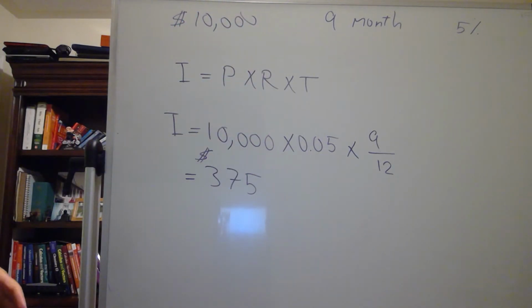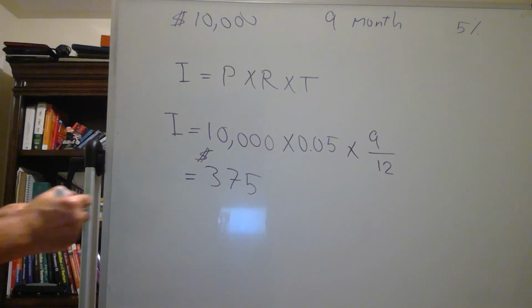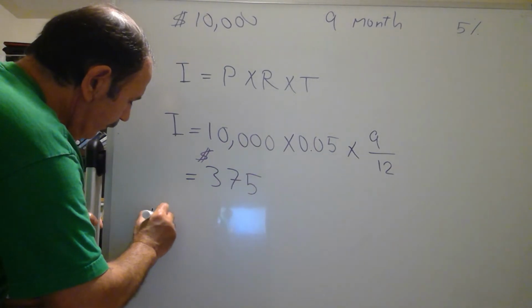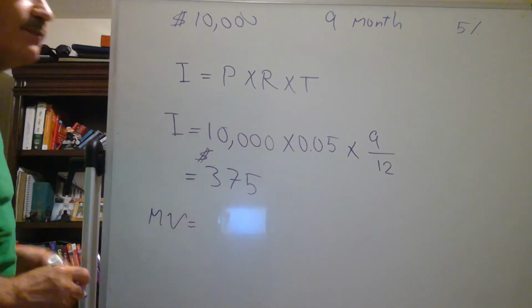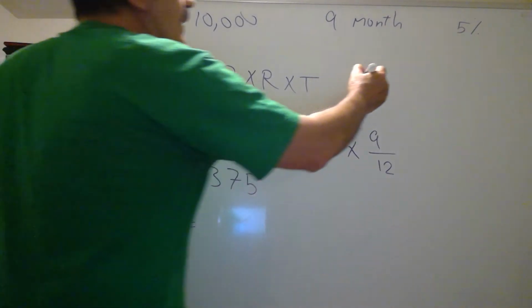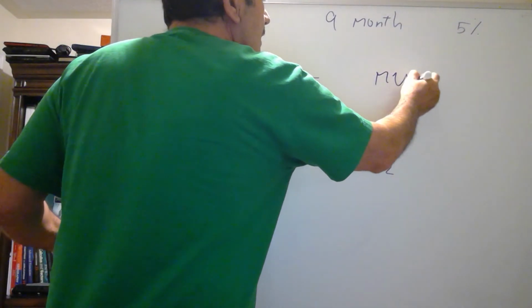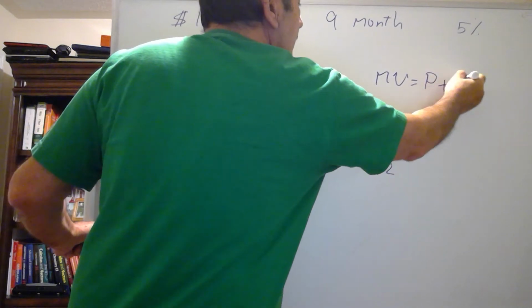How much should I pay in total? Maturity value. Maturity value is principal plus interest.